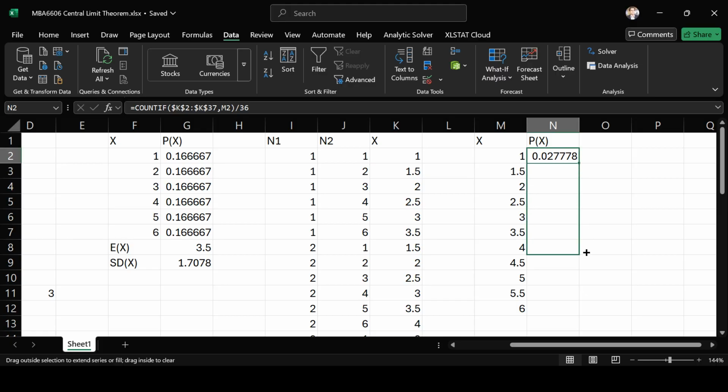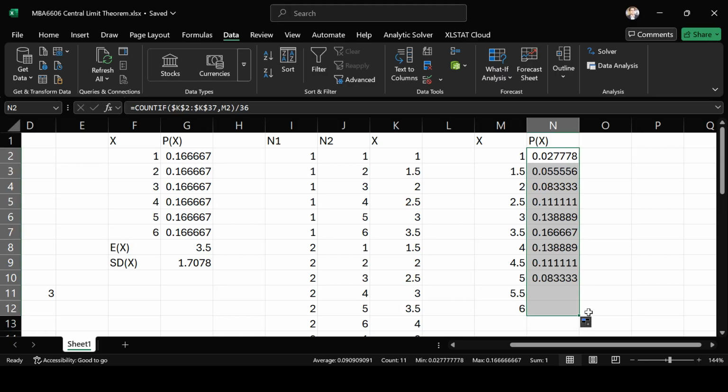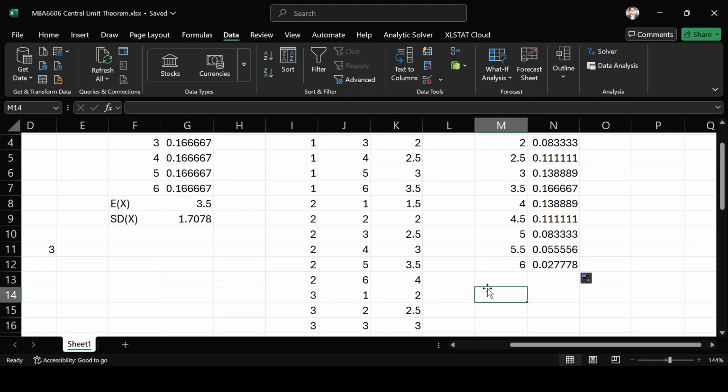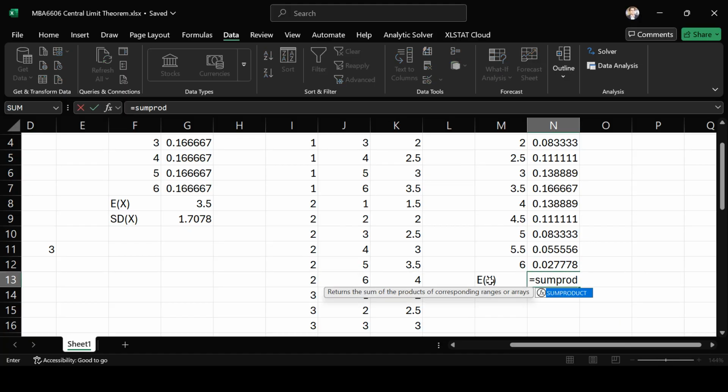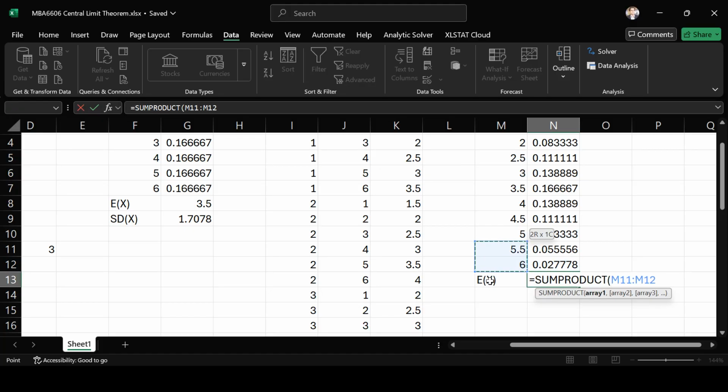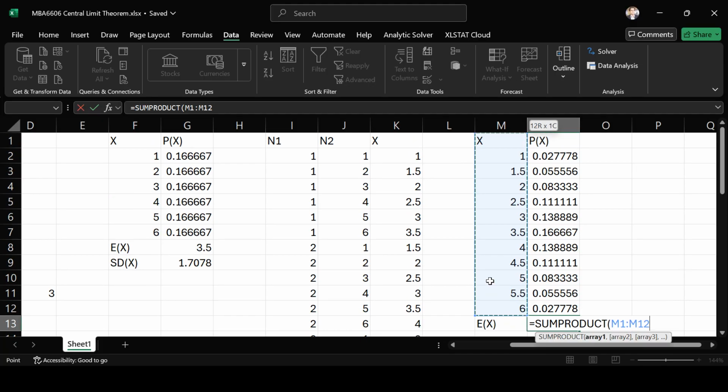And let's copy this formula underneath and see what are the possibilities or the probabilities of these occurrences. Now we can compute the expected value of this using our formula, sum product, comma.